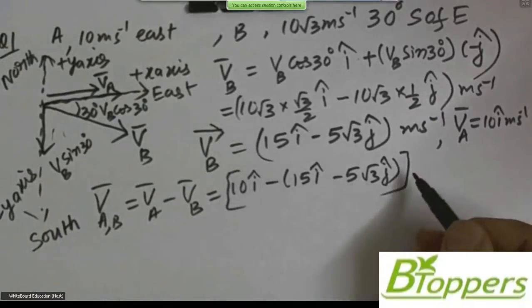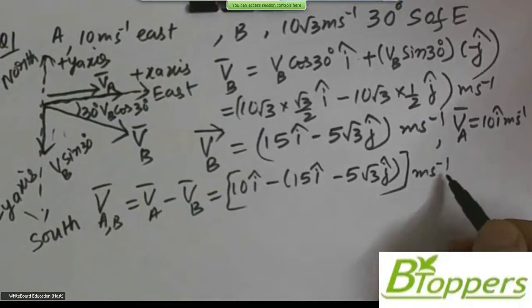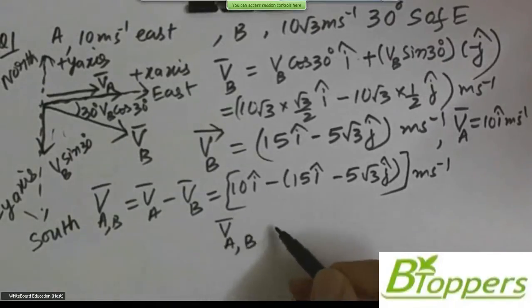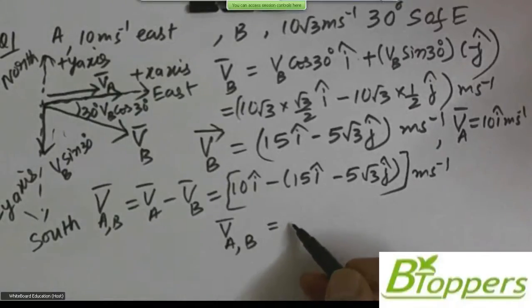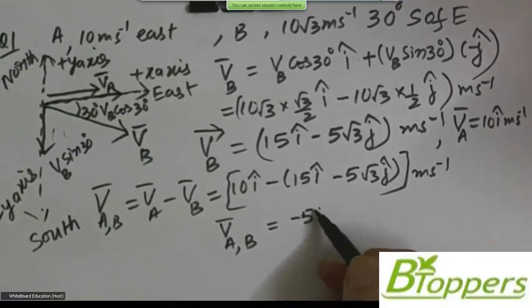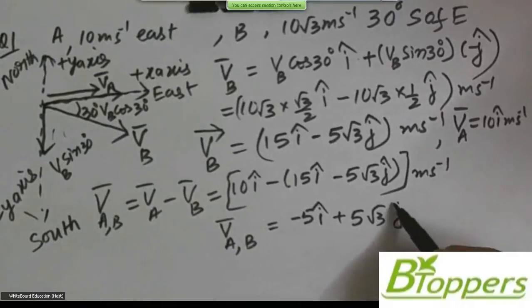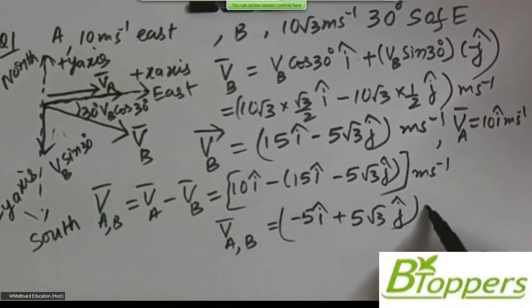All velocities in meter per second. So you get relative velocity of A with respect to B as minus 5 i cap plus 5 root 3 j cap meter per second.